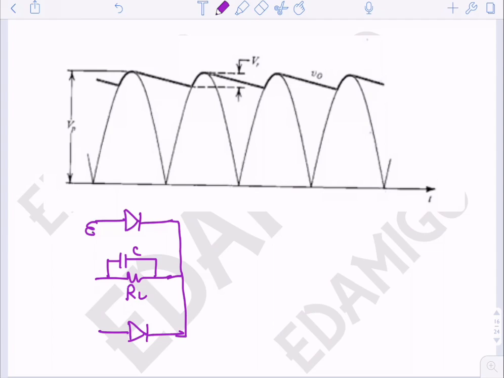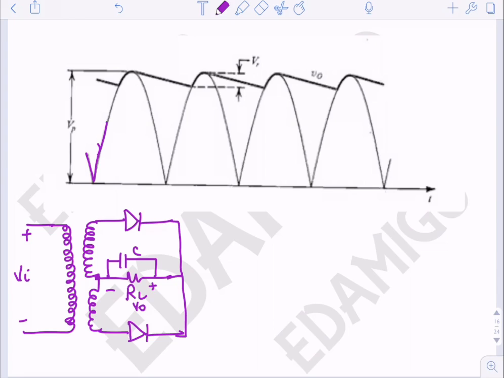Okay, so this is the input voltage and this is the output voltage. Okay, now here we will see that generally without the capacitor the output will be like this, the full wave rectified curve. Okay, without the capacitor the output will be something like this.